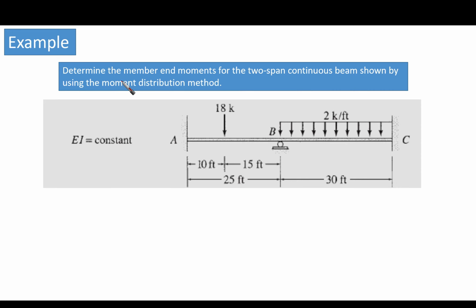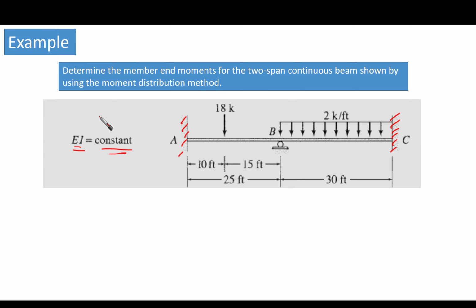We want to determine the member end moments for the 2-span continuous beam shown by using the moment distribution method. As you can see, we have a fixed support at point A and a fixed support at point C. We have a distributed load on span BC and a concentrated load on span AB, and EI is constant.